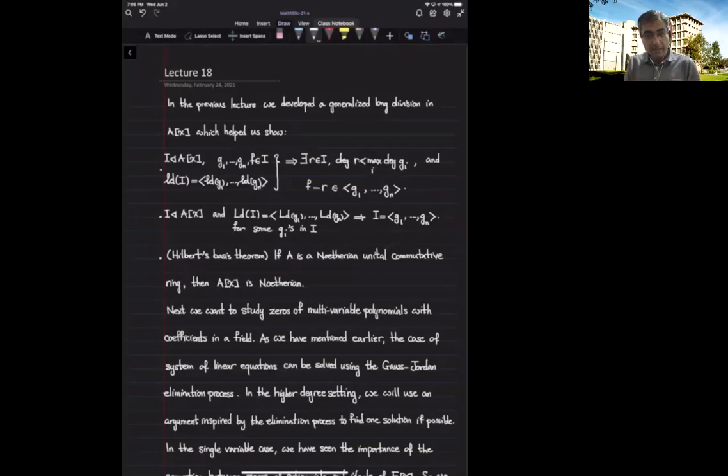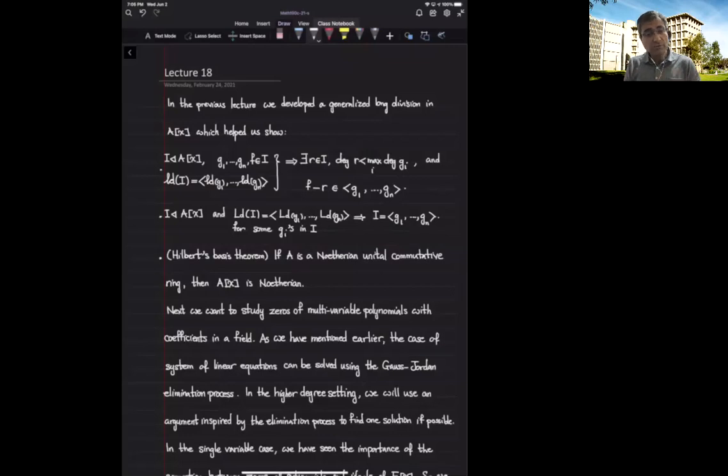ring A, then we can actually divide f by these gi's in the following sense: we can find some polynomial r with degree strictly less than the maximum of the degrees of the g sub i's, so that f and r represent the same coset modulo the ideal generated by the g sub i's.